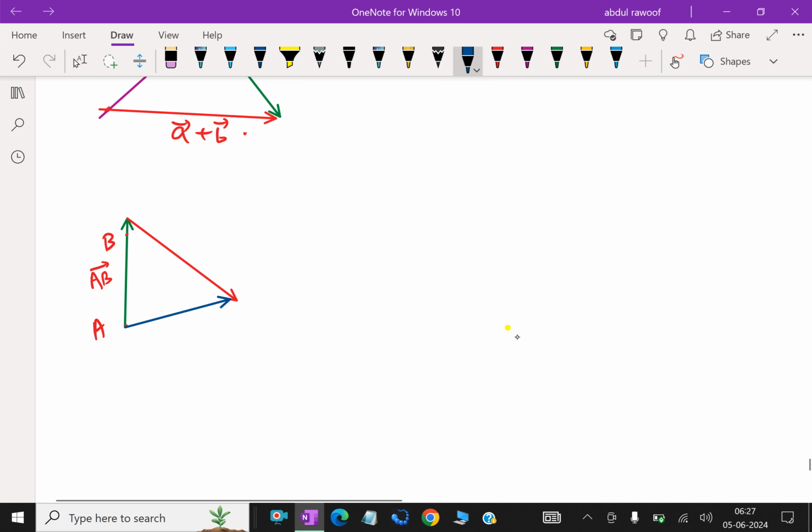So this point is C, this is vector AB and this is vector BC. Then joining the starting point with the end point gives vector AC. Means we can say vector AB plus vector BC is equal to vector AC.